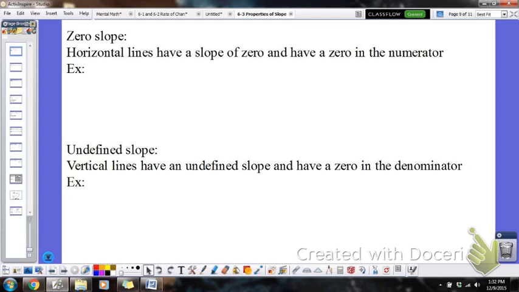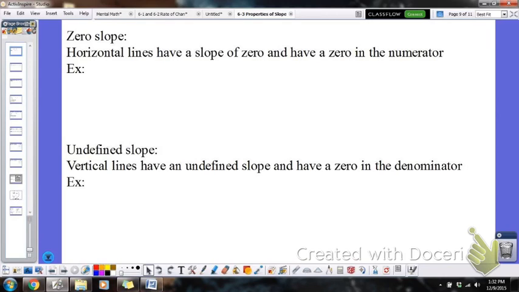So from those two examples, we can get a couple properties. We have a zero slope. Horizontal lines have a slope of 0 and have a 0 in the numerator.